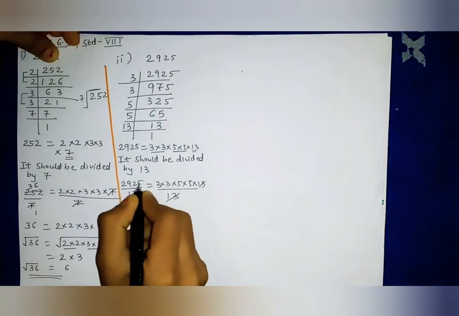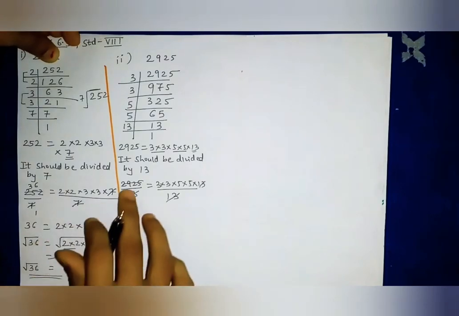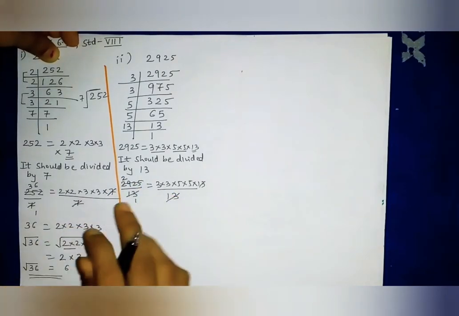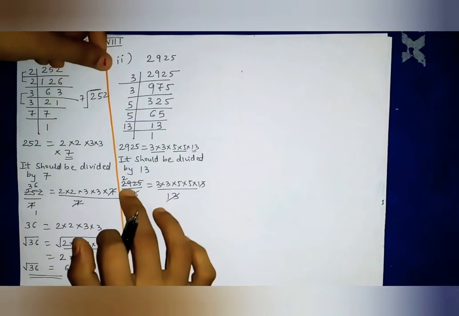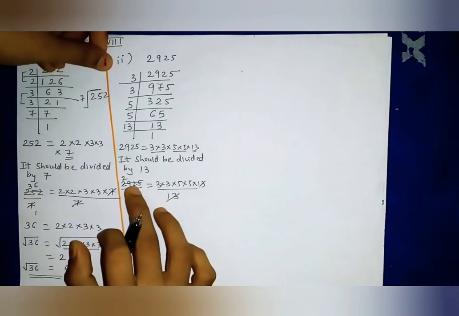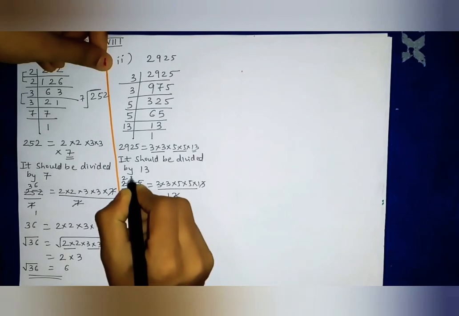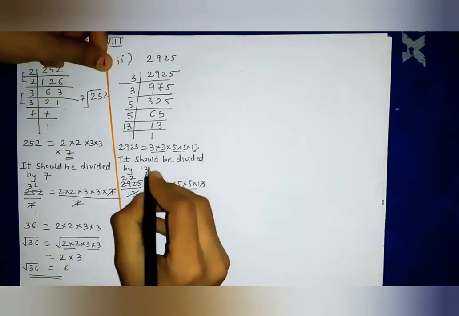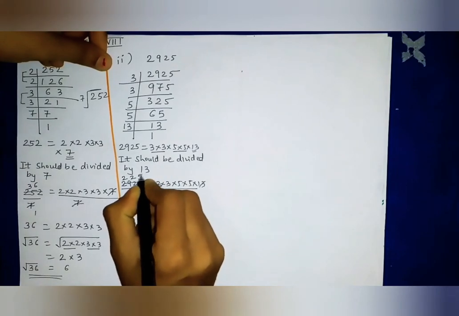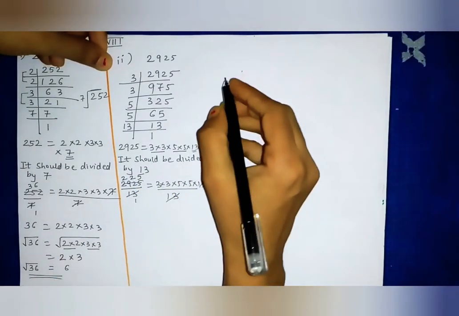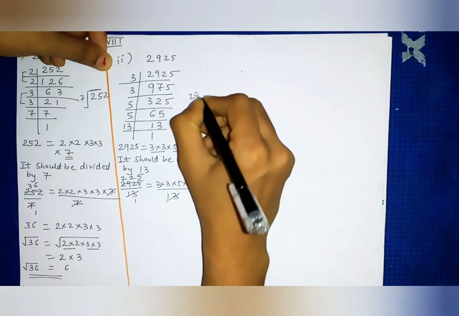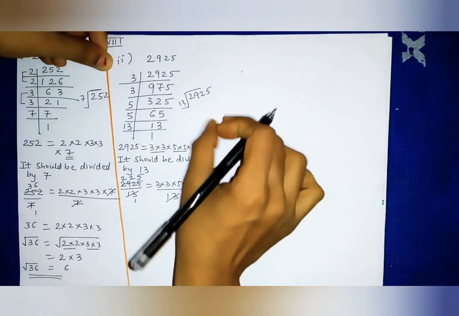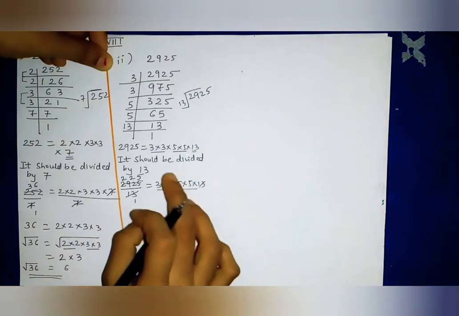So 13 2s are 26. So 7 8 9, 3 left. So 32 is left. Again we will take 13 2s are 26, and then 13 5s are 65. If you wish you can divide on the side this way. 2925 divided by 13. You can divide and check if you are not comfortable doing it orally.